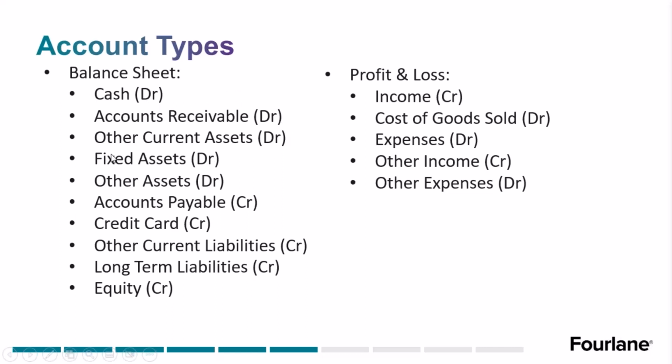In order for them to reflect a positive number in QuickBooks Online, you are debiting the account. In order for it to go up on your balance sheet, you are creating a debit. Okay, different than debiting your bank account. This is accounting debiting.